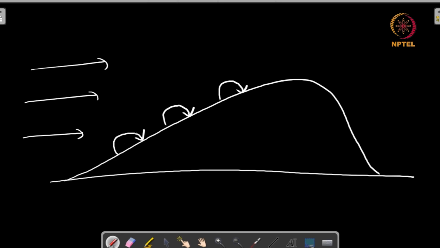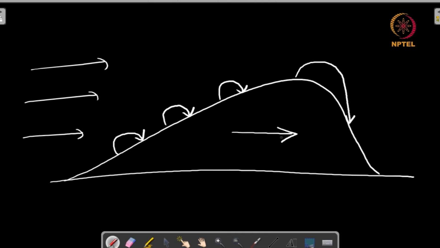So we are getting an erosion of the sand and transportation and deposition at the same time. What happens when the particle here is taken out? It will be deposited down here. And so slowly and steadily we will find that the sand dune begins to move. So you have areas of erosion, transportation and deposition together in a sand dune.